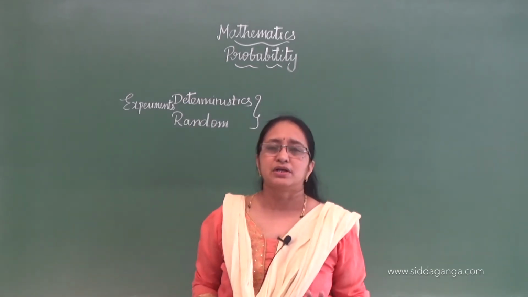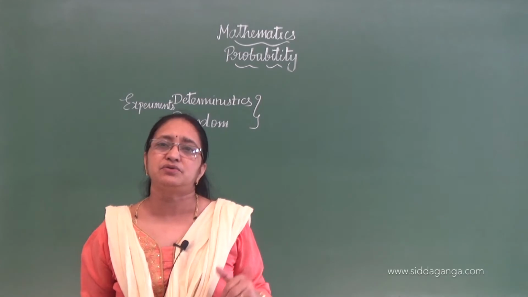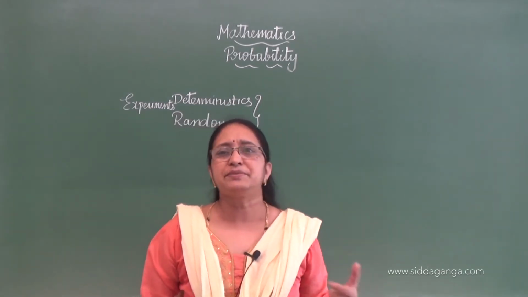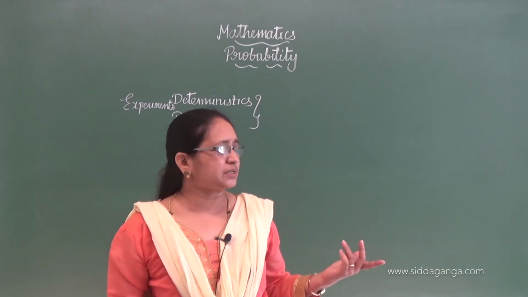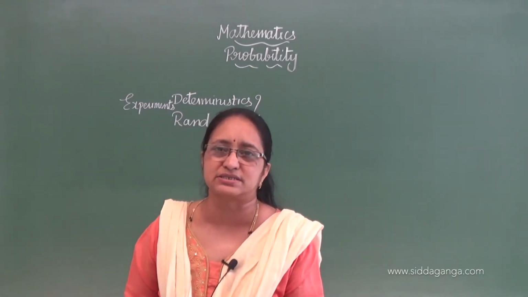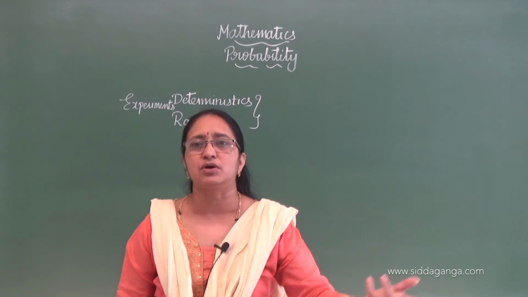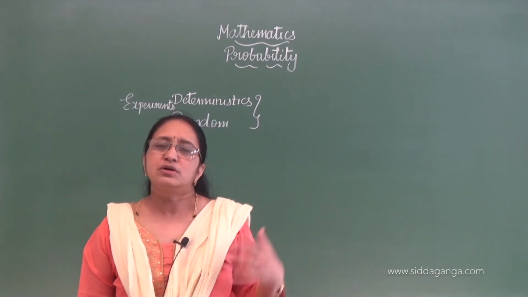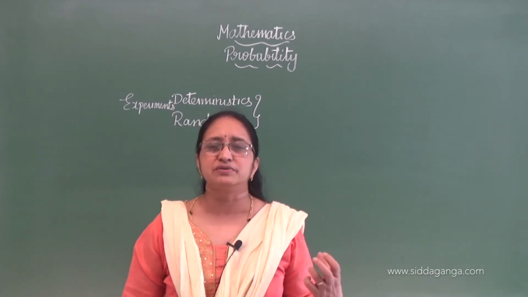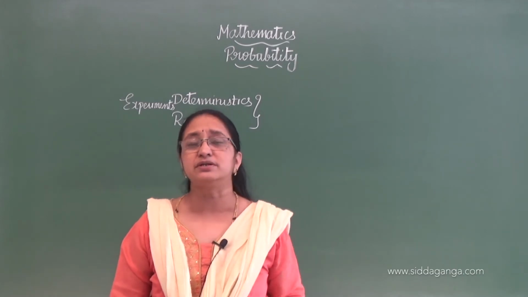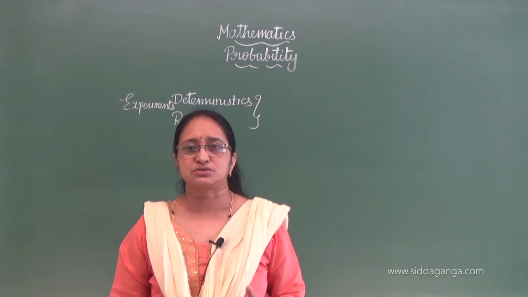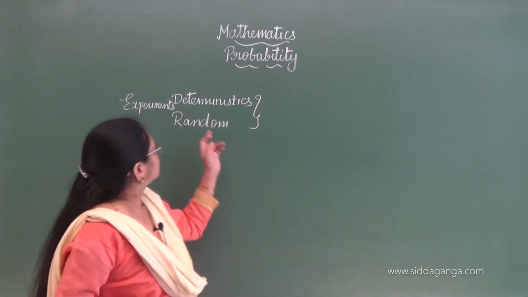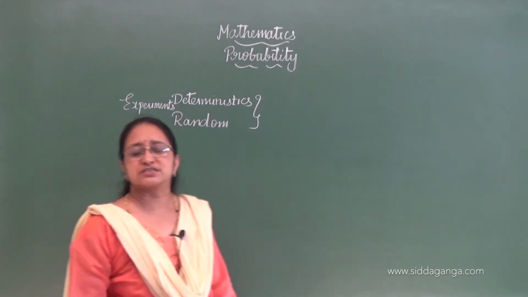Deterministic means, when we conduct the experiment, we will know what the outcome will be. For example, when we combine acid and base, definitely we will get salt and water. So we know the type of salt we will get, which means the outcome of the experiment is known. Understood? That is called a deterministic experiment.